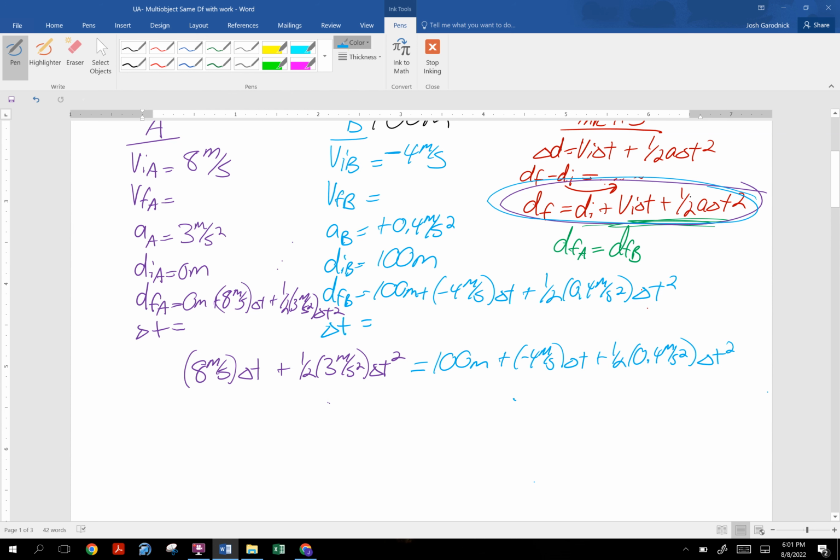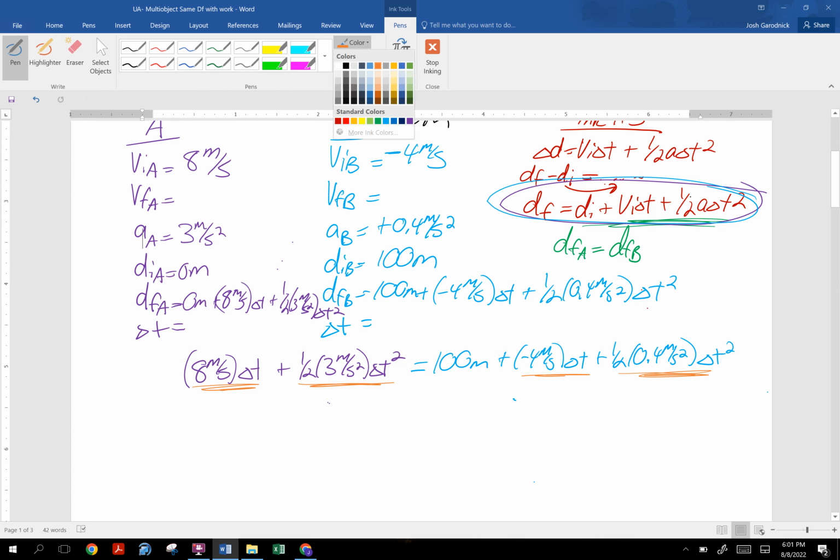So what I'm going to do now is combine like terms. And by like terms, we're talking like there's a delta t term here and a delta t term here. There's a 1/2 at squared term here and a 1/2 at squared term here. I can combine those. Don't let the units bother you.